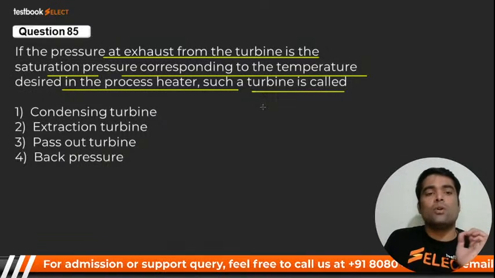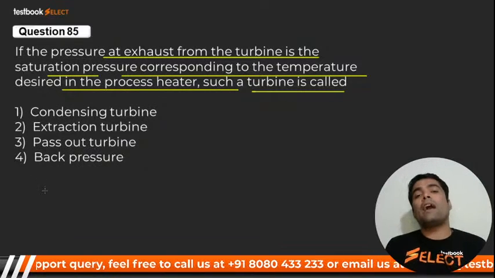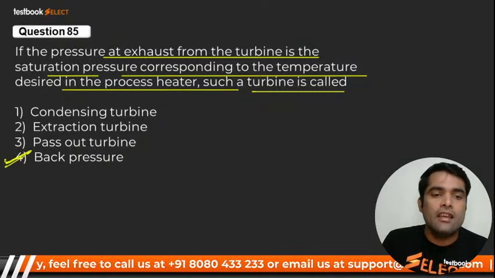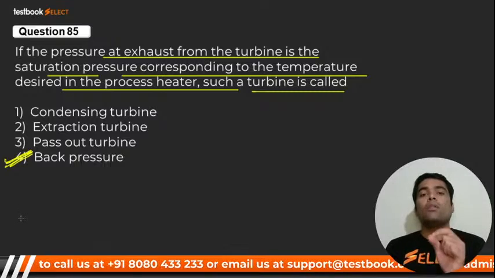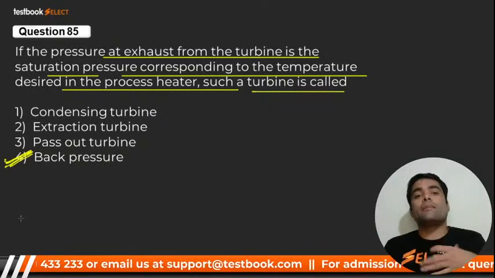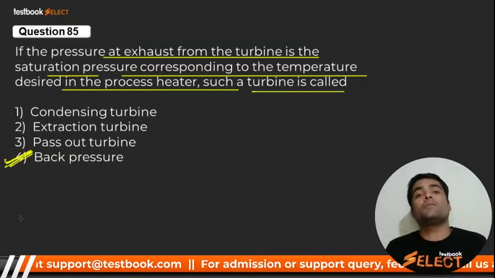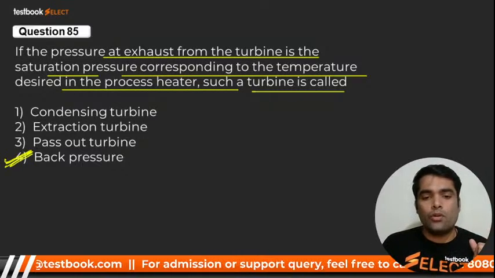Such a turbine is known as condensing turbine, extraction turbine, pass out turbine or back pressure turbine. My dear, it is none other than back pressure turbine. This is called a back pressure turbine, whose exhaust pressure equals the pressure corresponding to the temperature of the heater inside. I hope you got it.